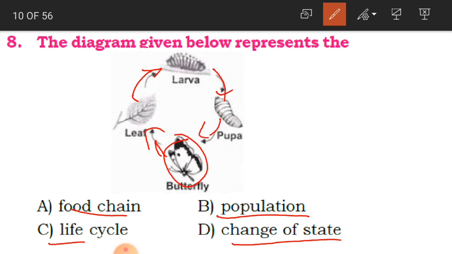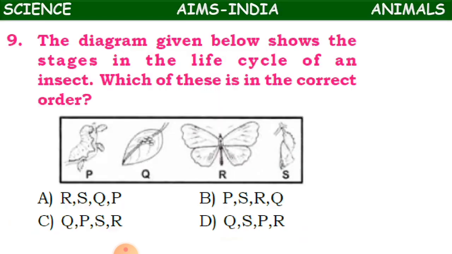This pupa again becomes an adult butterfly after shedding its skin so many times. So this is the life cycle of the butterfly. That is why C option is the correct answer. Clear, children?